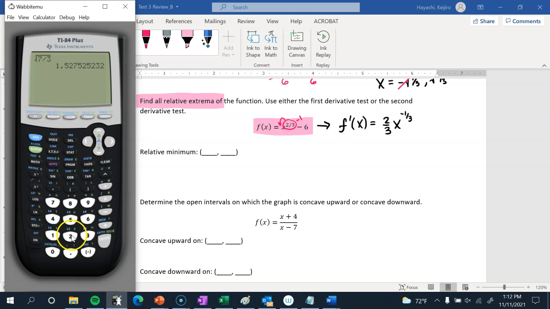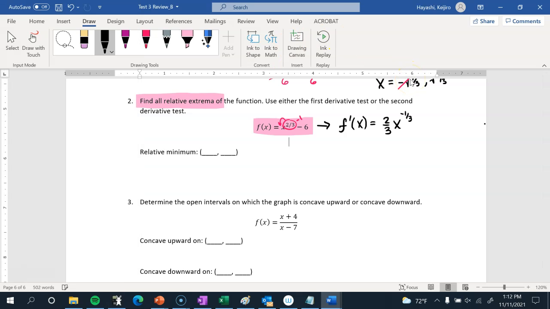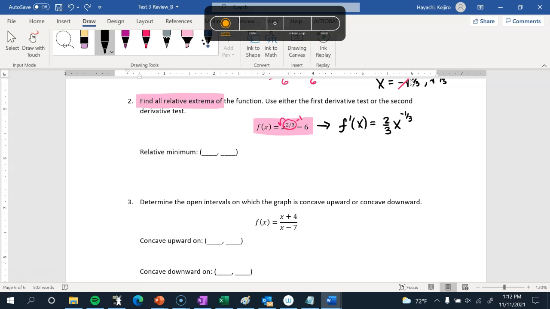Of course, if you're not really good with fractions, you can always type 2/3 minus 1 into the calculator and express it as a fraction. And the derivative of minus 6 is nothing. So that is the derivative of f.